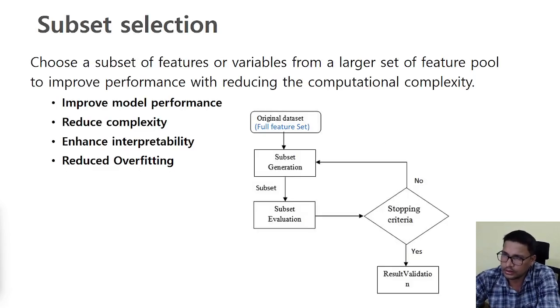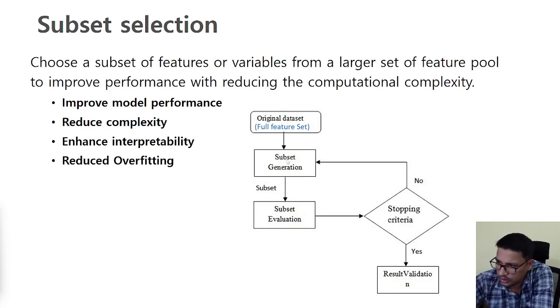And another is the subset selection method. In the subset selection method, we actually have a large set of data, a large set of features. But as we know, the machine learning method has a limited number of parameters to train.